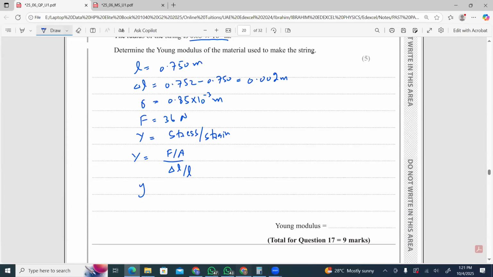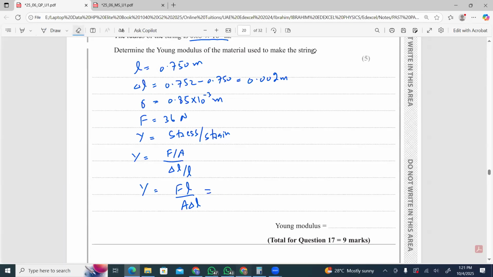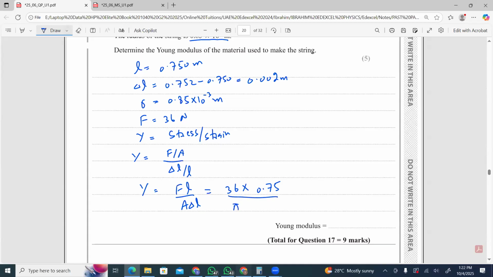So from here, FL over A delta L, just simplifying it and putting in the values, is 36 into length 0.75, divided by area. You don't have area, so you just write pi r square. And the change in length is 0.002. Okay, and that's it.